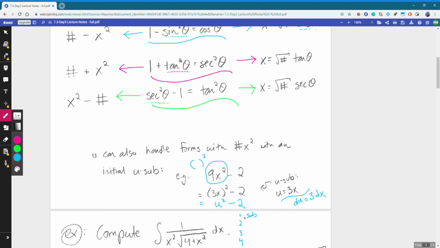We're going to do our substitution. We're going to simplify as much as we can. At some point, hopefully, we should be able to integrate. And then after that, put back in terms of x. Take some time and see how far you can get with this.